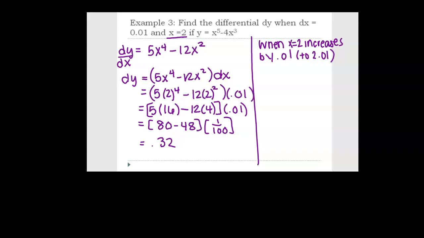So that's the x value we're actually looking at, because it's 2 plus 0.01. So when x increases from 2 to 2.01, the y values increase by 0.32. So x goes up by 0.01, y goes up by 0.32.